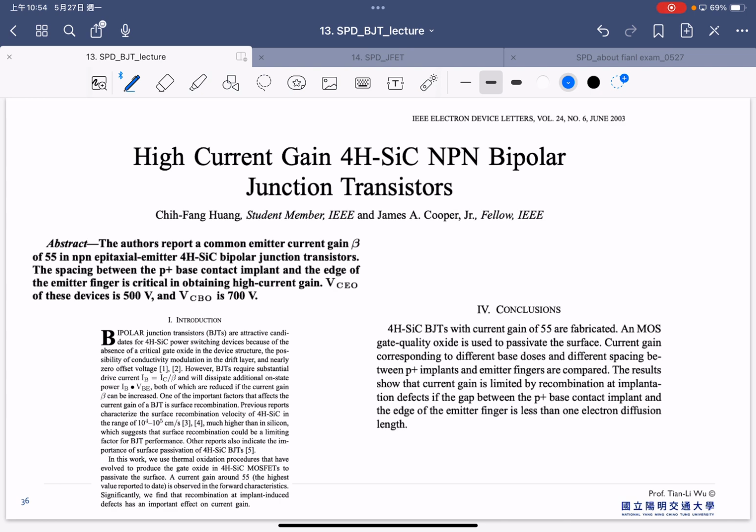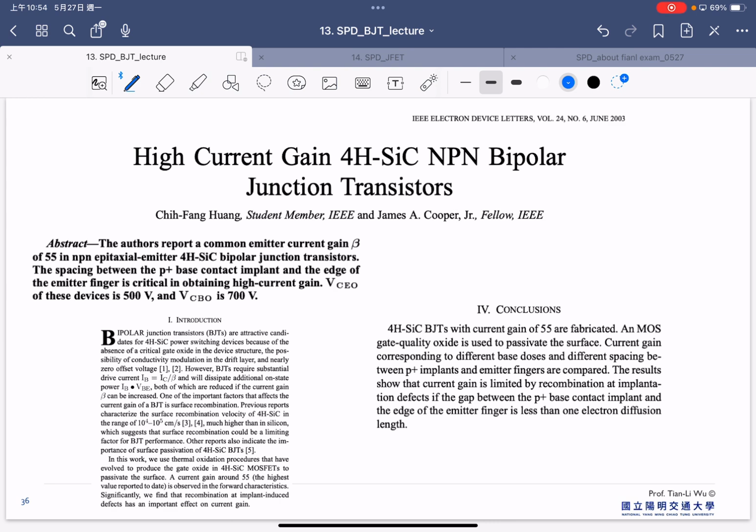And here I just want to show you one example of the real research work related to the bipolar junction transistor. The idea is that all the terms mentioned in this paper are already covered in our lecture.